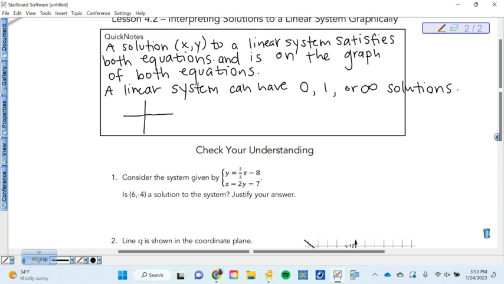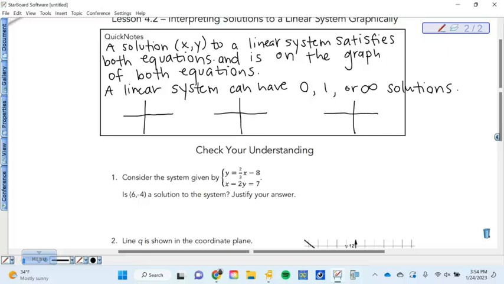Those are the only options for a linear system. You can have 0, you can have 1, or you can have infinity. You cannot have 7, you can't have 3, you can't have 2, you can't have 14. 0, 1, or infinity. Okay?